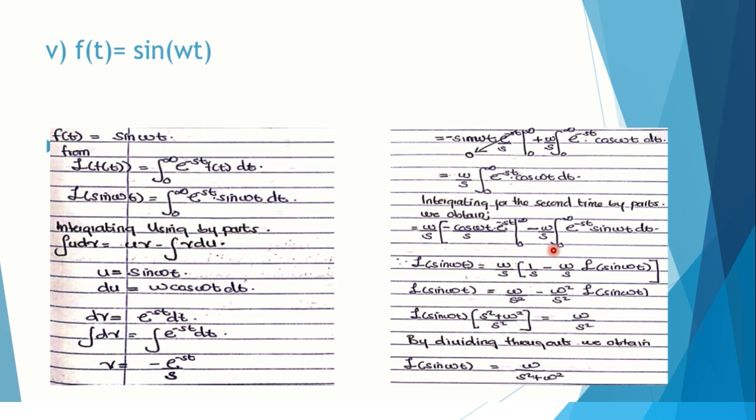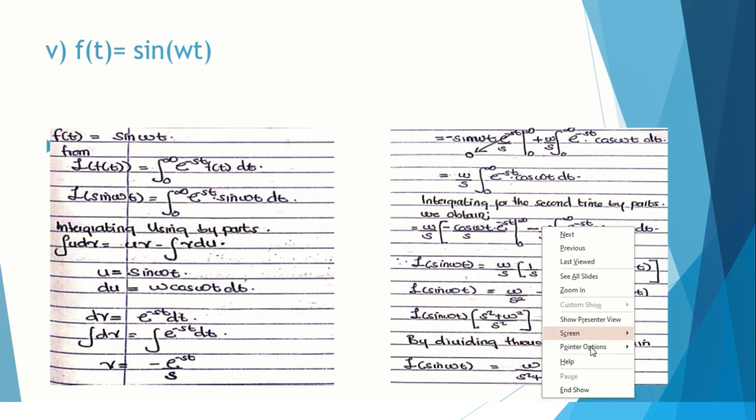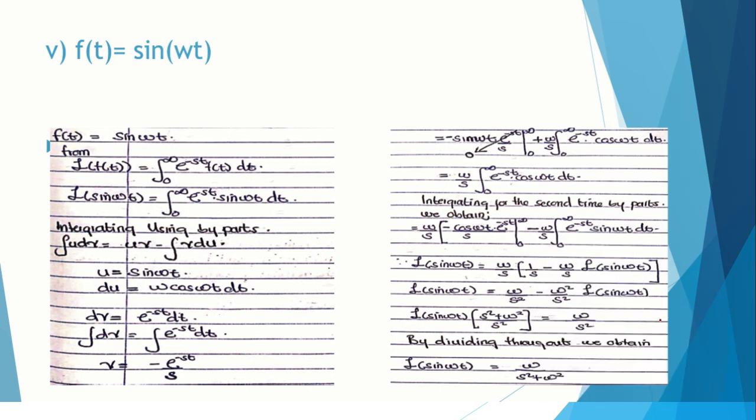And by this second integration, we are going to recognize that the last integral is going to be similar to our function, the function which we are getting. So we are going to denote this as our Laplace of sine omega t, and we are going to equate it because we are finding the Laplace of sine omega t, and we go on to solve the equation.